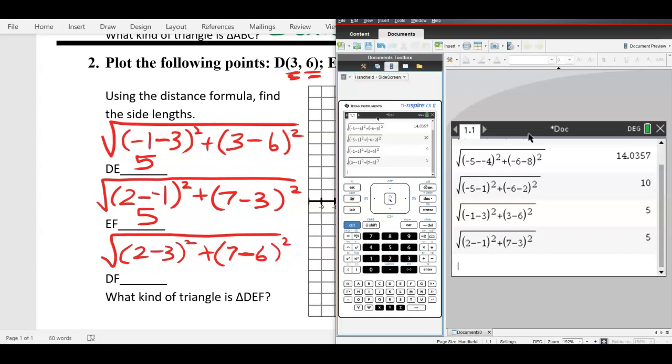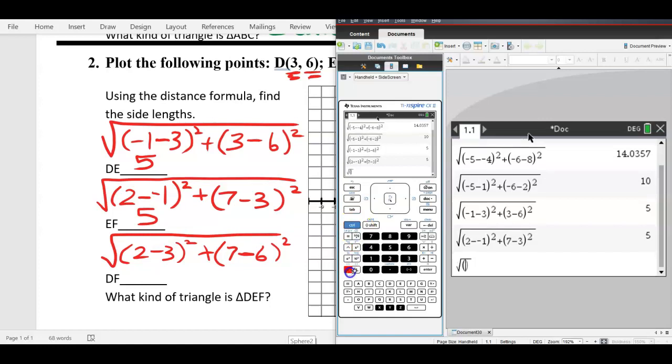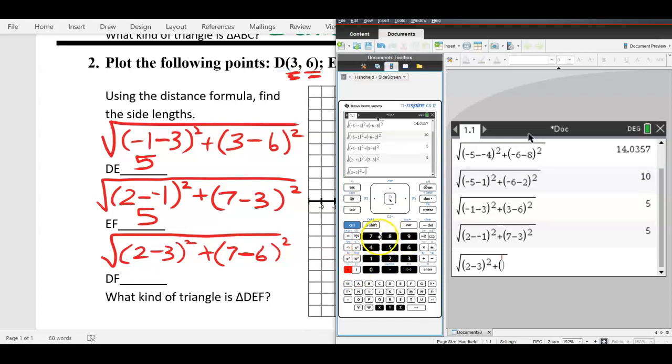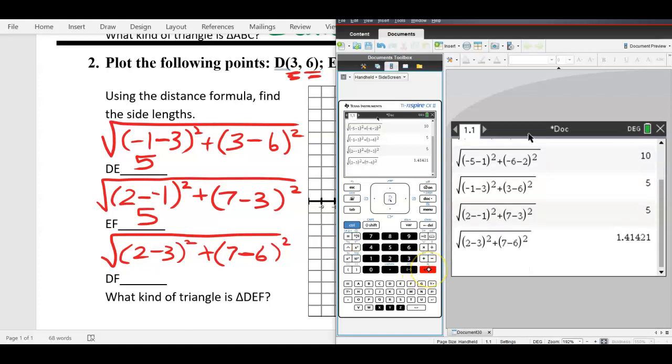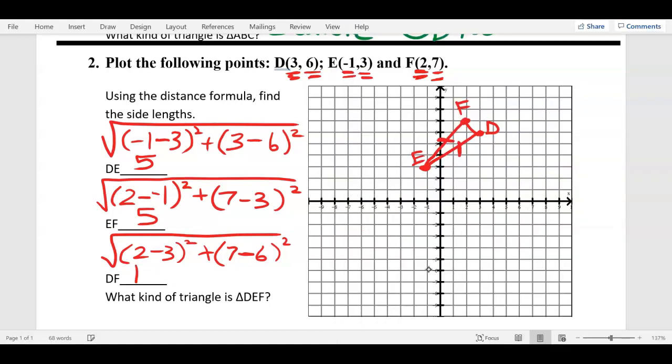But the last one looks a little shorter. Let's find out. Square root, parentheses, 2 minus 3, parentheses squared, plus parentheses, 7 minus 6, parentheses squared. I got 1.41.